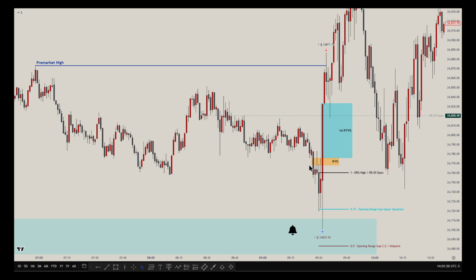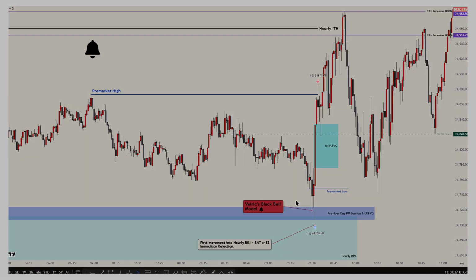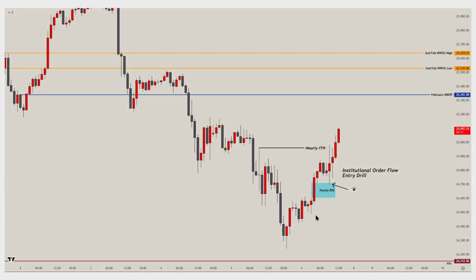But I knew because of how strongly it was displacing, the SMT with the ES, the hourly bias, I could take a really, really easy one-to-one trade going into pre-market high, stop loss below this gap. Really nice, a little bit more than one-to-one, but that's high probability stuff. And that's with the support of not just the black belt, but the high time frame, because the black belt can be a catalyst for a high time frame move.